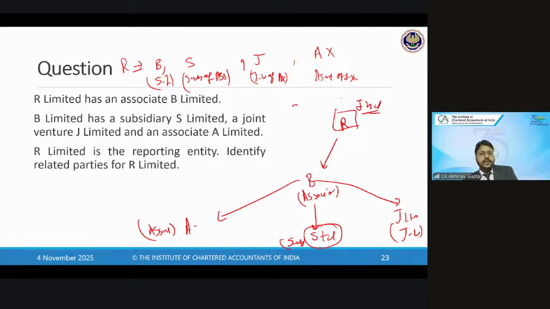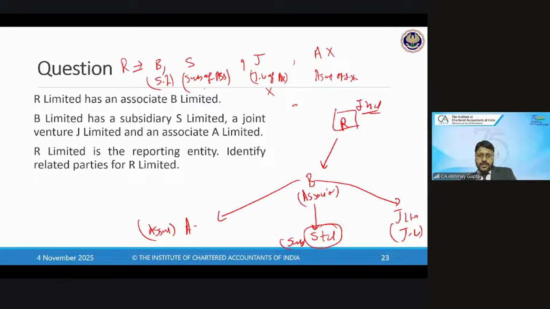Any other contradictory answer or any other thoughts? Sir, in that way, the associate's JV is also not covered, as associate of an associate is not covered, then associate of a joint venture is also not covered. Okay. So you are saying if associate of an associate is not covered, then why is JV of the associate covered? So this is also not covered. What about the subsidiary? Subsidiaries are covered, sir.